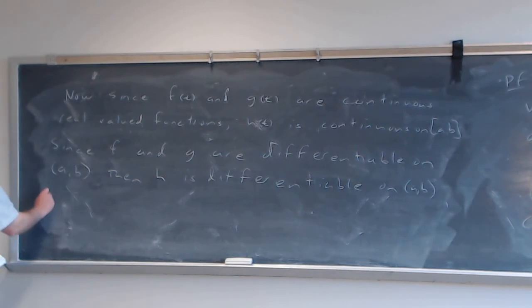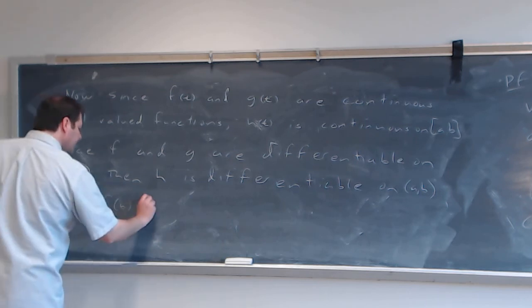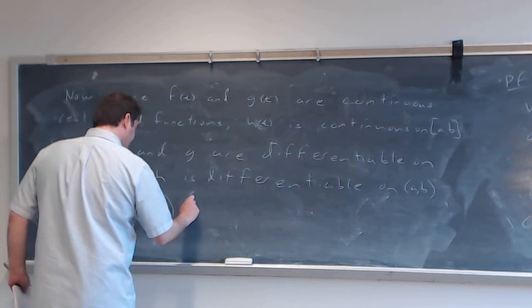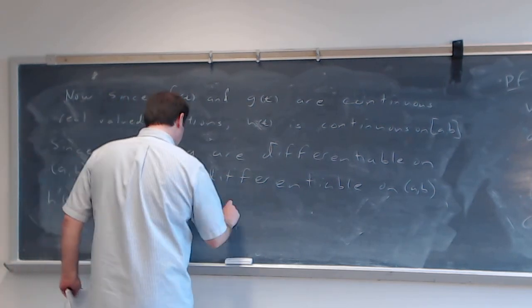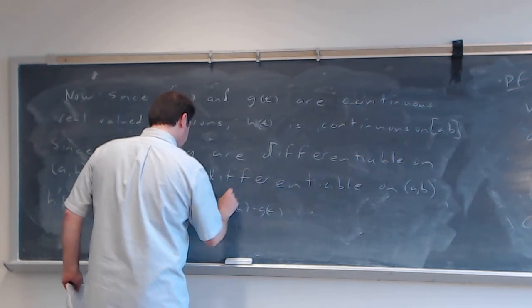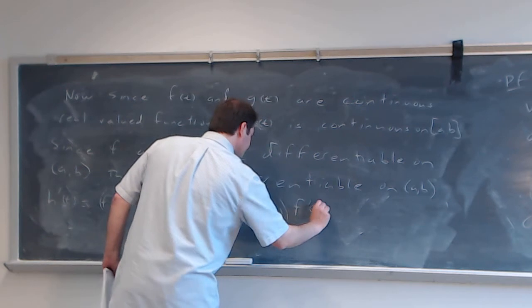In fact, h prime of t will be equal to f of b minus f of a times the derivative of g, minus g of b minus g of a, that's a constant, times the derivative of f.